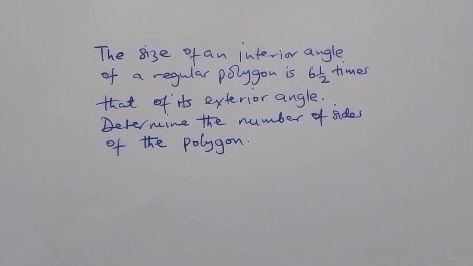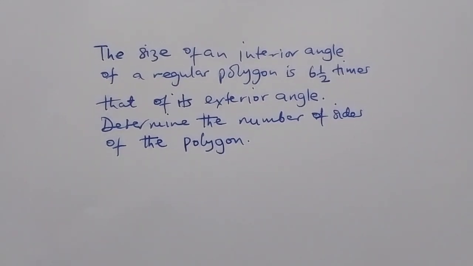The size of an interior angle of a regular polygon is 6.5 times that of its exterior angle. Determine the number of sides of the polygon.